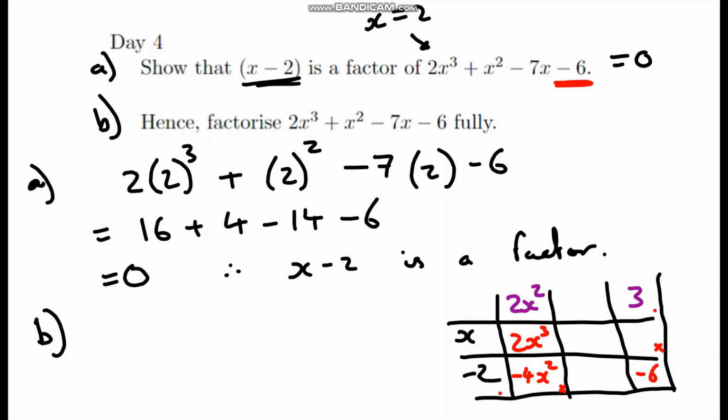And this one here is going to be x times 3, which is 3x. But we know that these two things added together is going to give me the x squared term, because we're going to have an x multiplied by some other x value here.